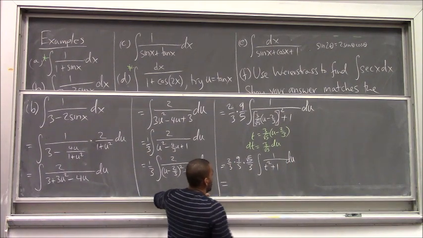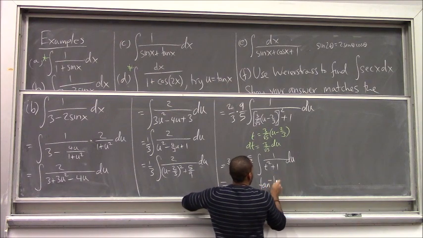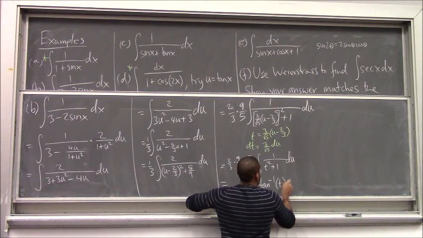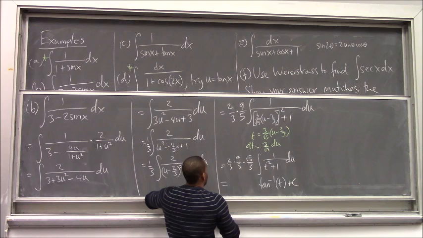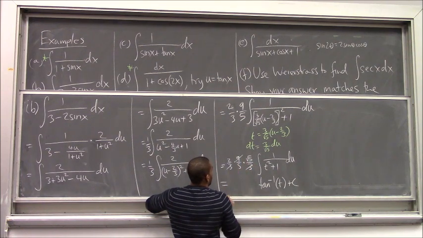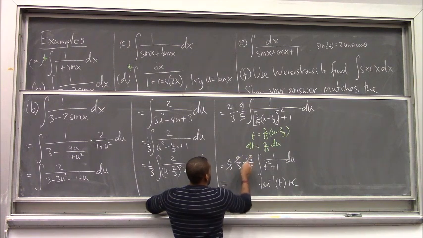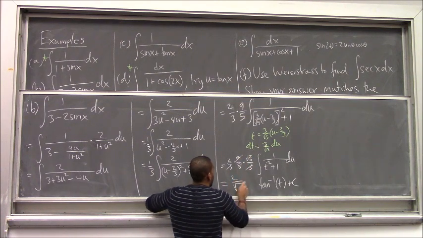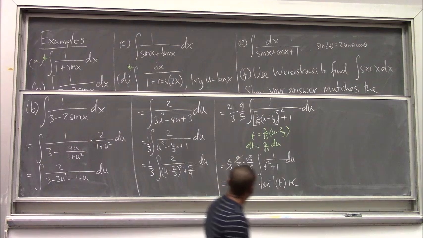That guy is my inverse tangent. And this can be simplified here. It kills all the 9s here. This goes into that. So this is 2 over radical 5 times the inverse tangent.